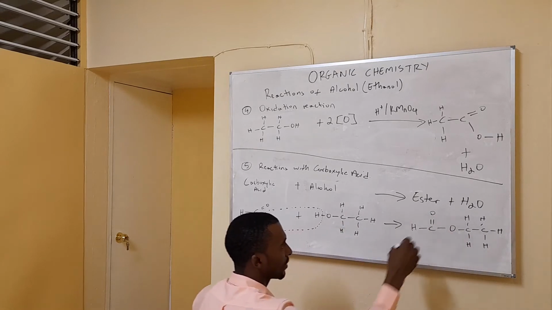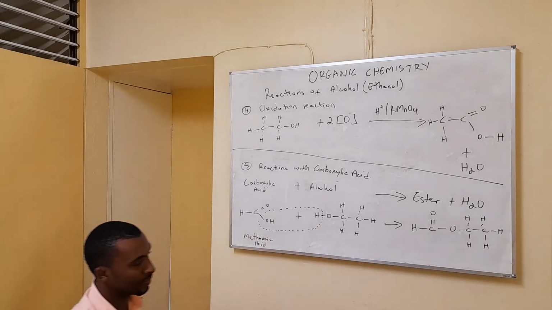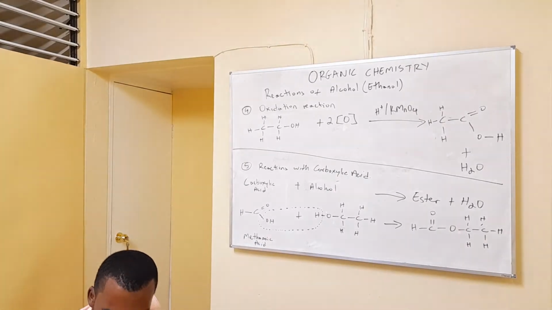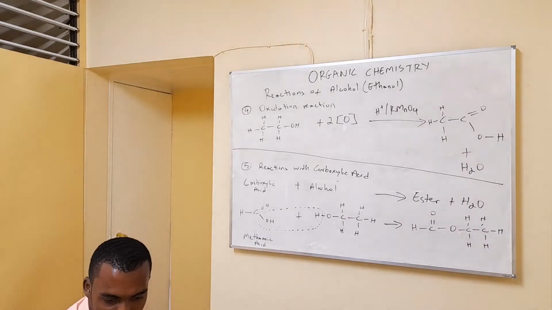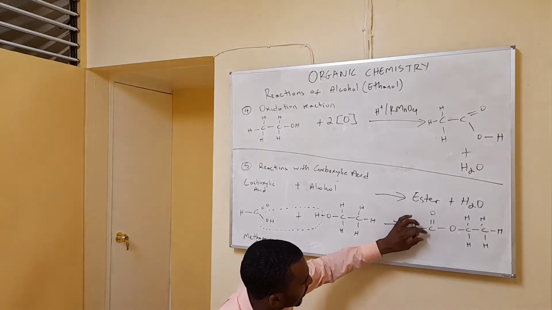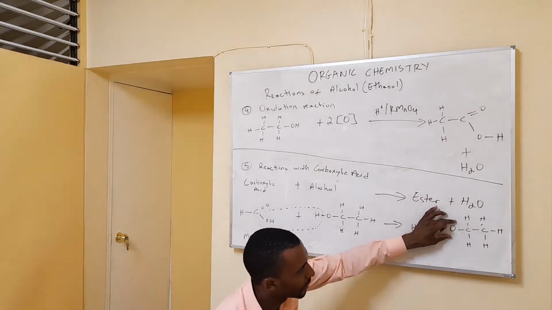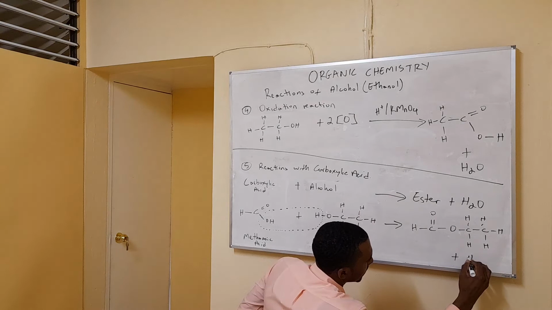So this functional group here, the C double-bond O-O, is the ester functional group. See, ester? C double-bond O, bond O, plus H2O.